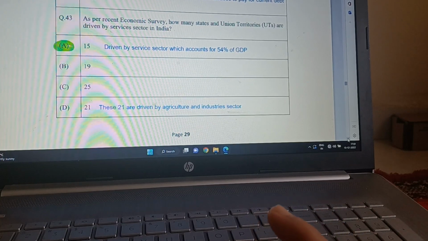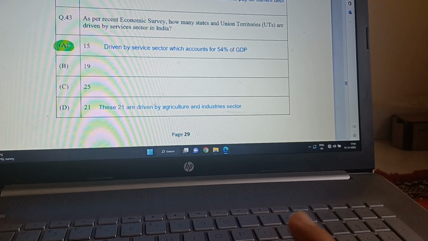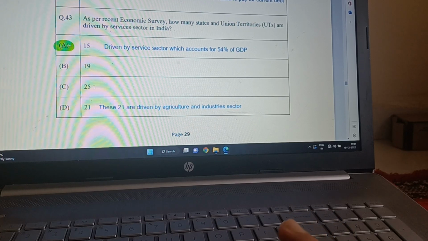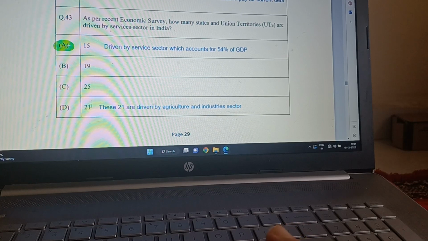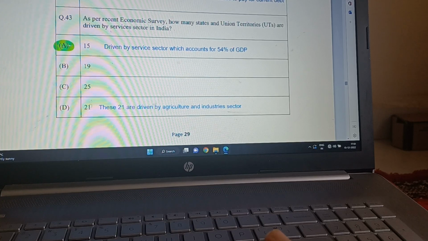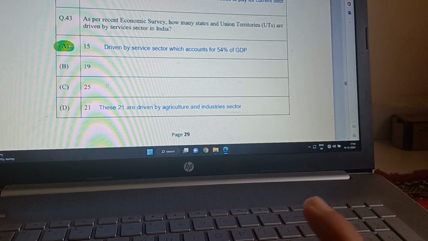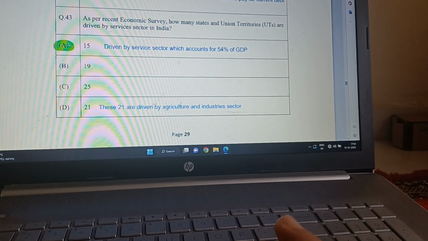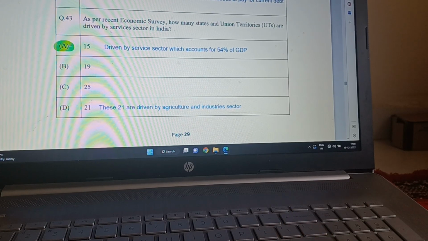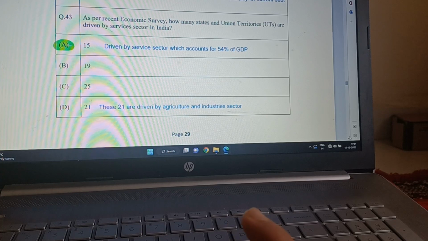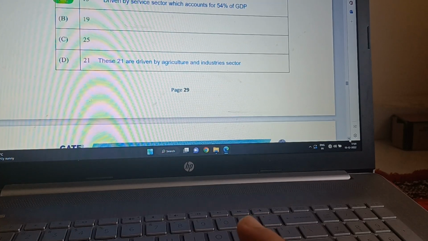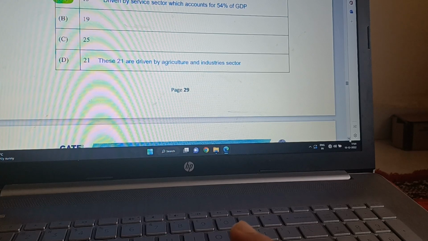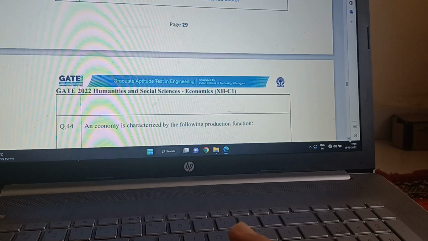What about 19, 25 and 21? 19 and 25 are just other choices, but 21 can be confusing for some people, because there are 36 states and union territories in total, meaning 28 states and 8 union territories. Since 15 were driven by the services sector, these 21 were driven by the agriculture and industry sectors. So 21 could have been confusing, but had the question been about the non-service sector, then D would have been the answer. Else A is the correct answer.